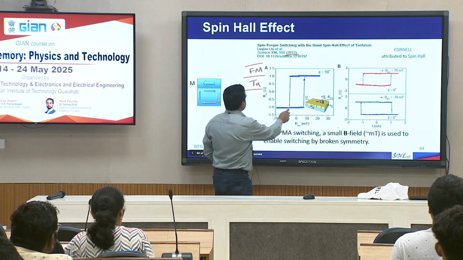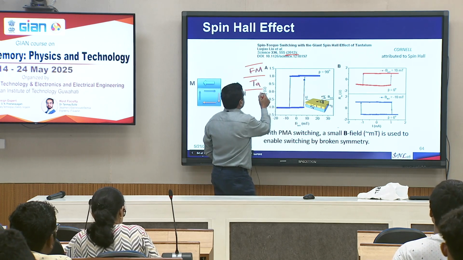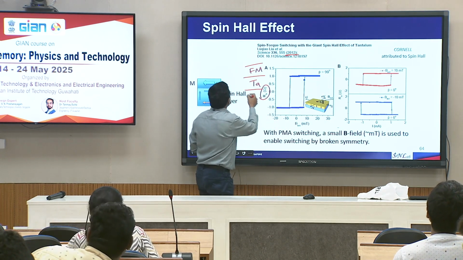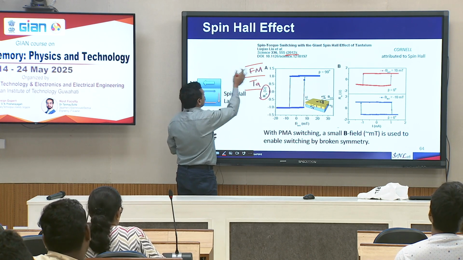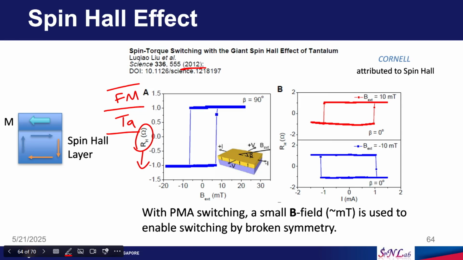So, at first they measure the anomalous Hall effect. So, anomalous Hall effect is another form of Hall effect, which can give rise to information about magnetization. Okay. So, if the resistivity shows you this kind of hysteresis loop, it is like measuring magnetization as a function of external magnetic field.